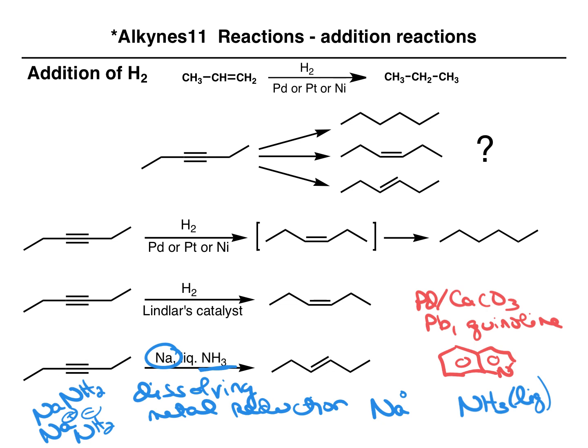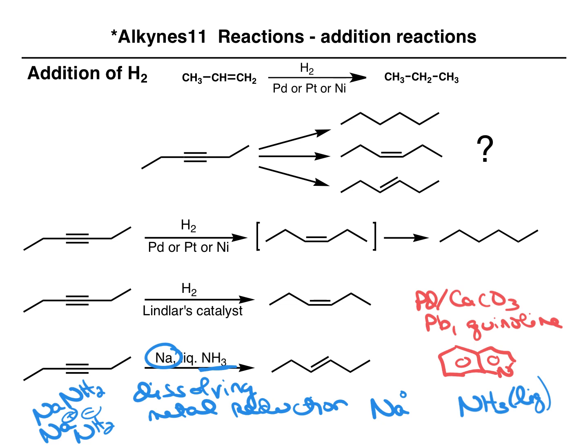Now, this reaction has a pretty complicated mechanism. It involves an electron transfer to give an anion radical, followed by proton transfer, followed by another electron transfer, followed by another proton transfer. You're not responsible for the mechanism. If you're interested, it is described in your textbook or in any organic chemistry textbook.